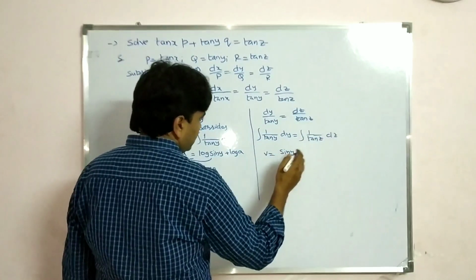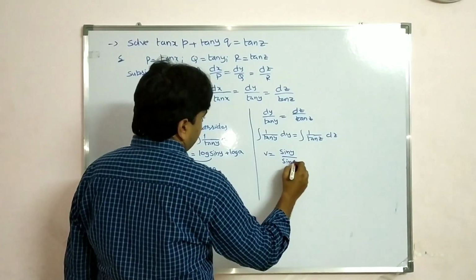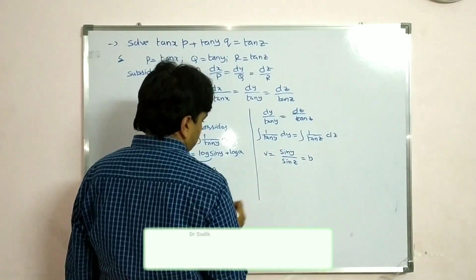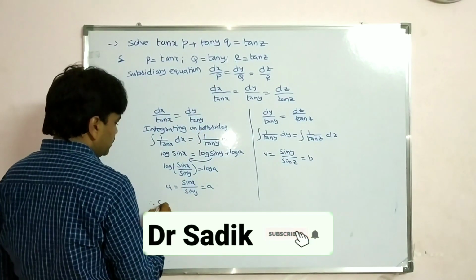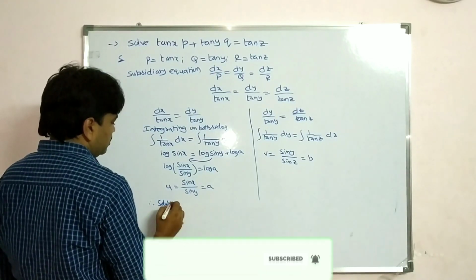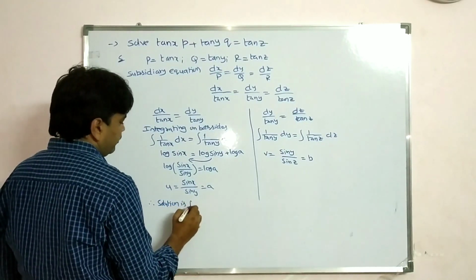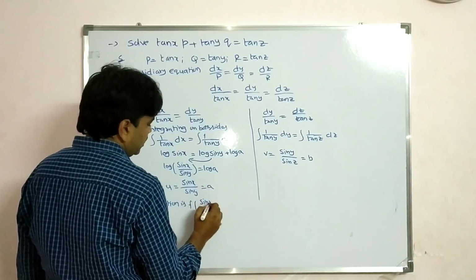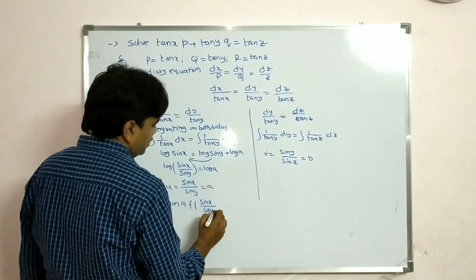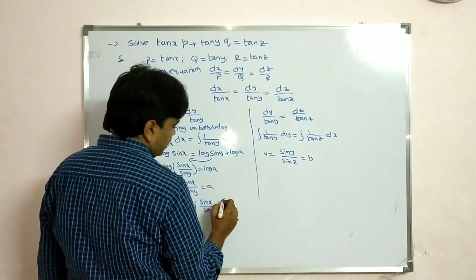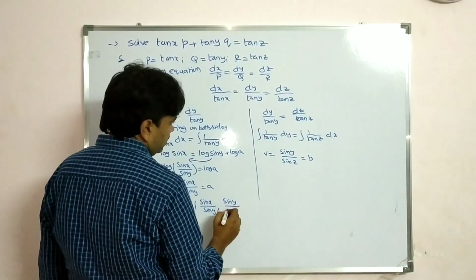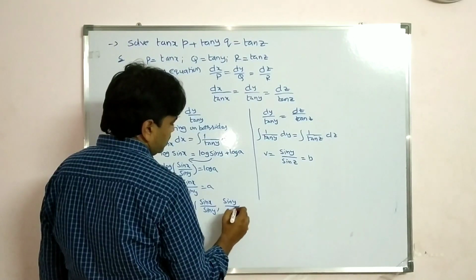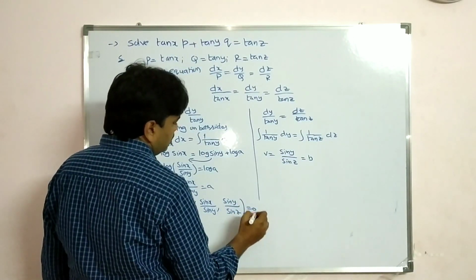So it is b. Therefore the solution is f of u, that is sin x by sin y, and v, that is sin y by sin z, is equal to 0.